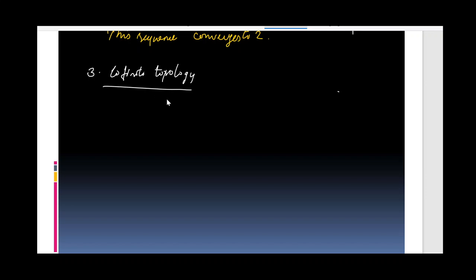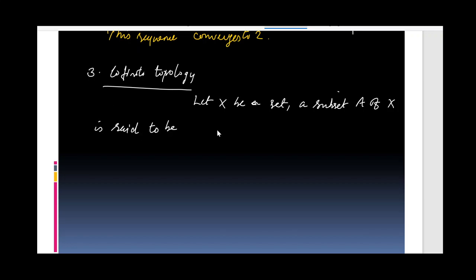Cofinite topology. Let X be a set. A subset A of X is said to be cofinite if its complement X minus A is finite.